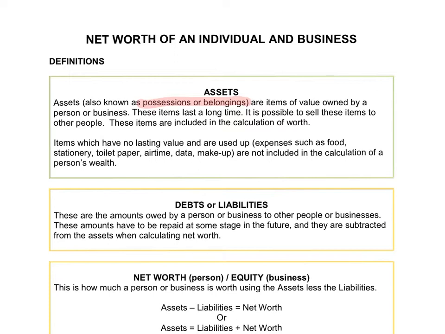I want you to take some time to think about what we could classify as an asset and what we could classify as our belonging or our possession. The first thing we could think of is possibly if we have a laptop. So we could classify that under electronics.